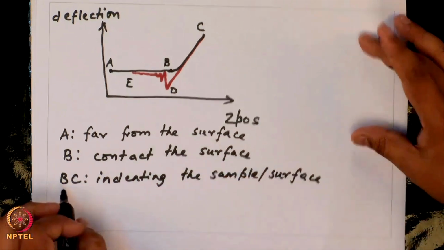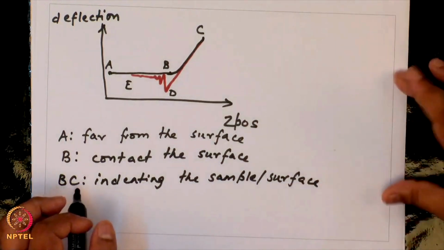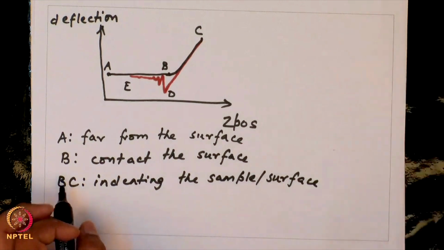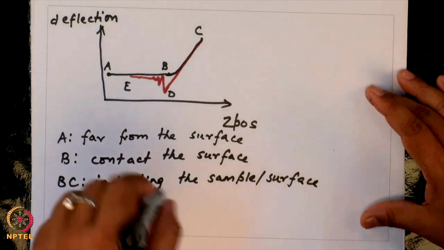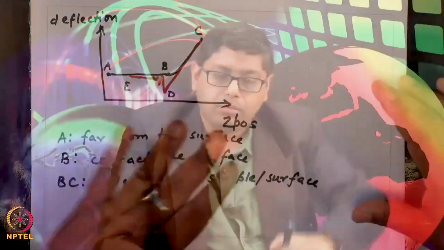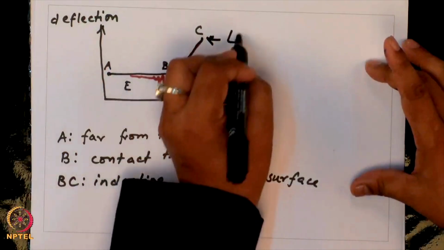The extent of indentation of the sample and the deflection of the tip is dictated by the compliance of the substrate. And after you reach point C, if you keep on banging your tip against the sample, then eventually at some point the tip will break. So, you do not want to do it. So, you limit the maximum deflection.